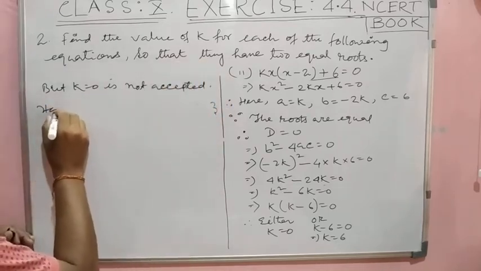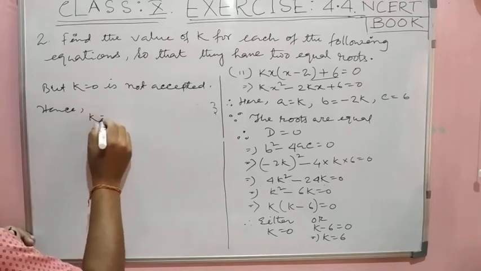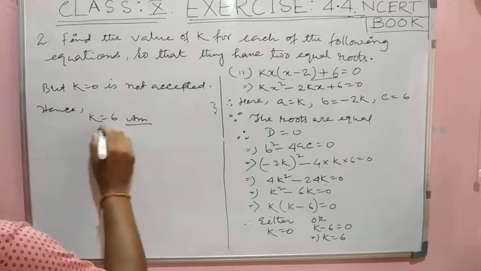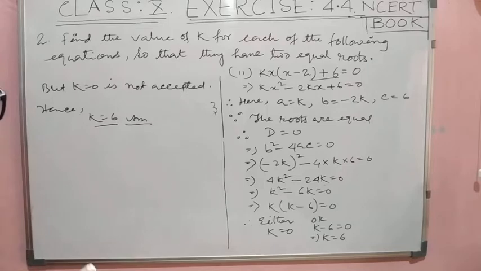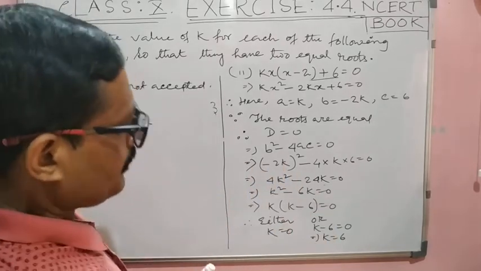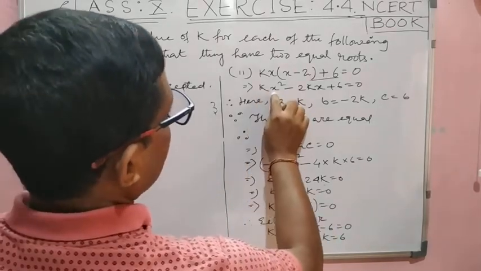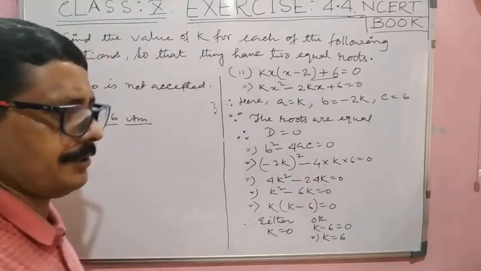Hence k equal to 6. This is the required answer. K equal to 0 is not accepted. You got the reason why? If k equal to 0, then the equation will not be a quadratic equation.